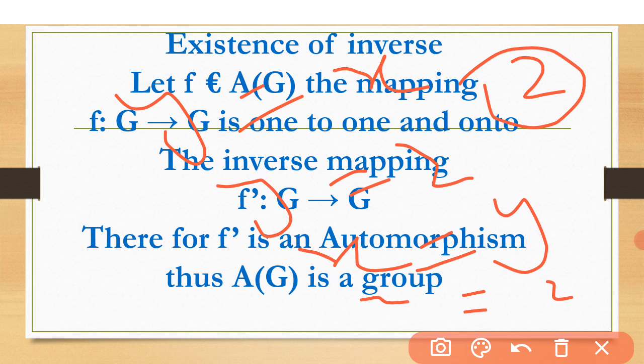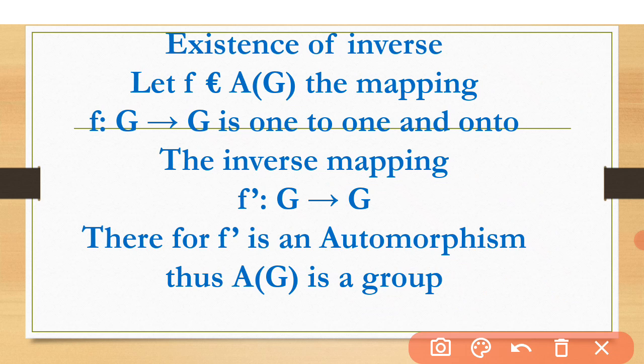If we have the same function, then the inverse should exist. That's why 2 will map to 2, 3 will map to 3, and if we exchange the roles, the values also will remain the same. That's why the inverse mapping will also be from G to G. So therefore f inverse is an automorphism. Thus the automorphism is a group.